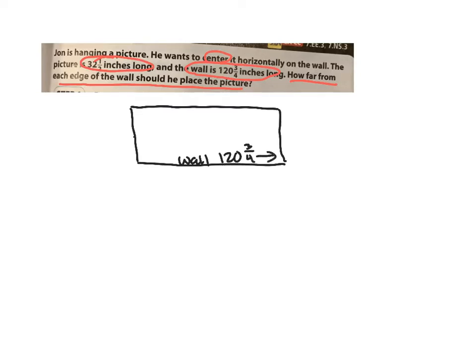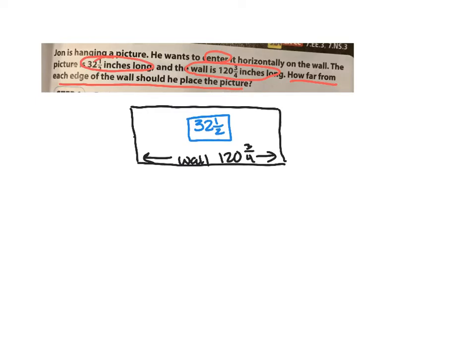Let's draw that picture. So I'm going to draw a wall, and actually the book had a nice picture in there, much better drawn than what mine would be. But here's my wall, 120 3/4 inches across. Then I have a picture on the wall, 32.5 inches long.